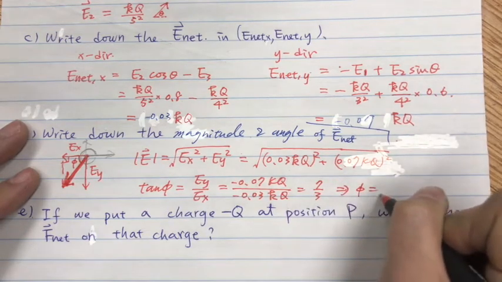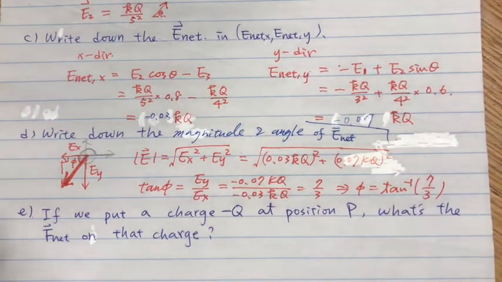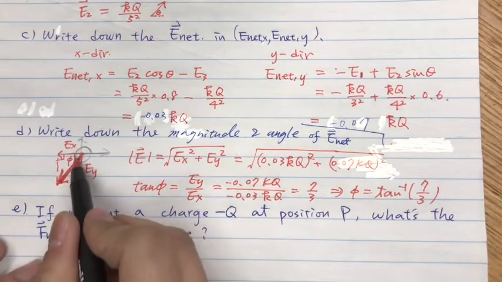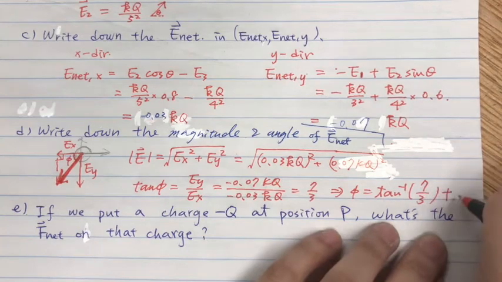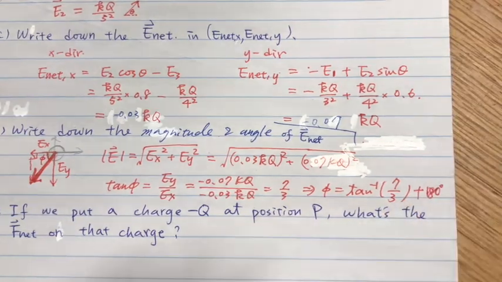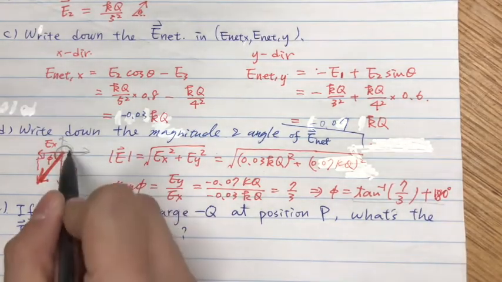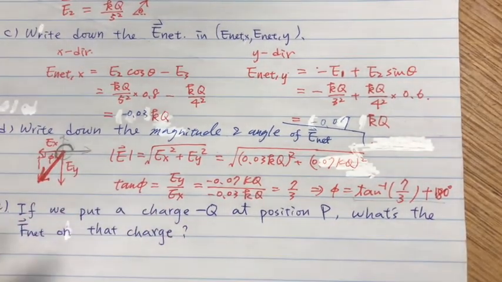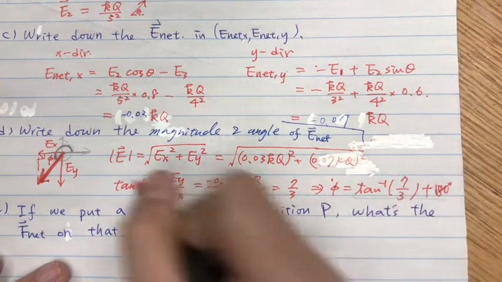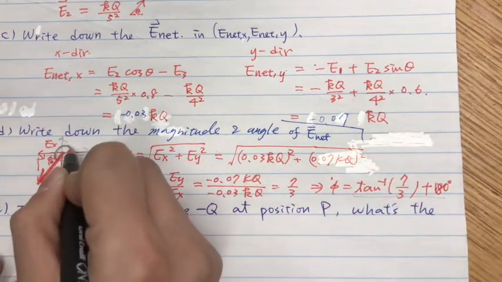So phi is the arctangent. So this is the magnitude and this is the angle for this. And we need to add 180 degrees. It's just like the way conventionally people say the angle, they mean this one. So I'm gonna name this a little bit differently. This is phi naught and this is phi.